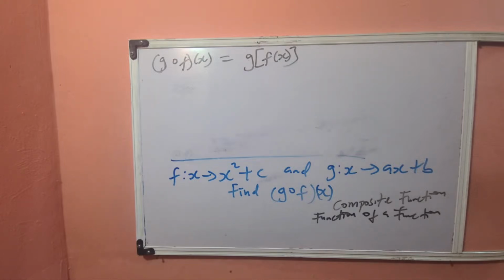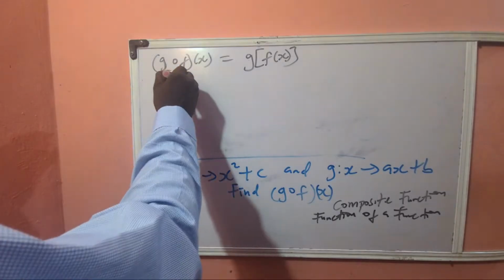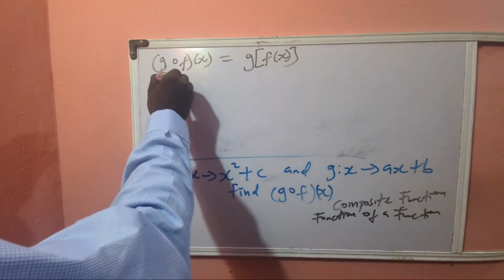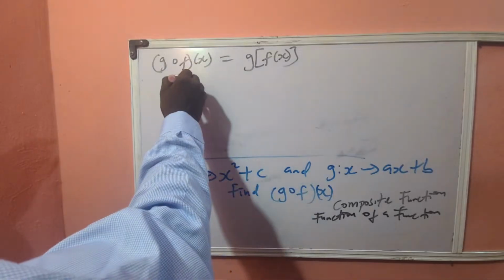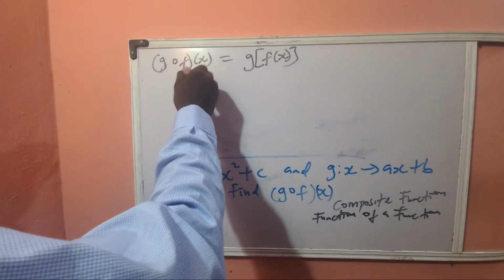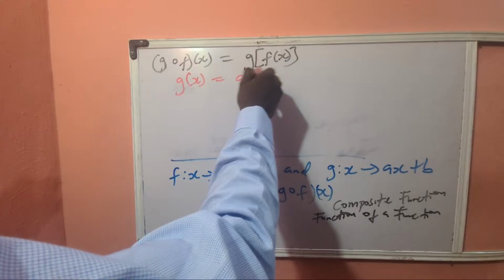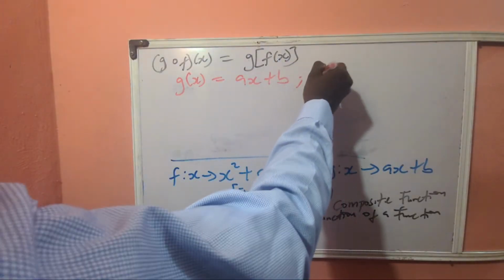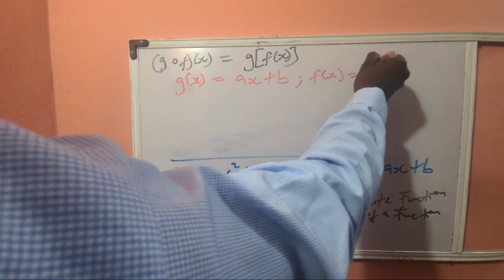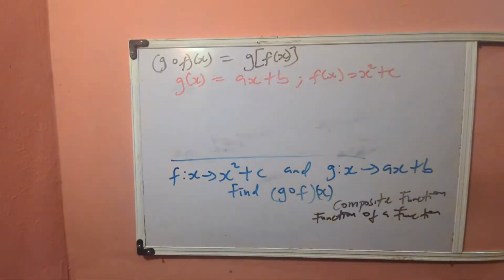So what we have to do here, wherever we saw, of course, this was our f of x. Initial, this was our g of x, which was the main, this was the parent in this particular question. Our g of x was ax plus b. Now our f of x was x squared plus c.